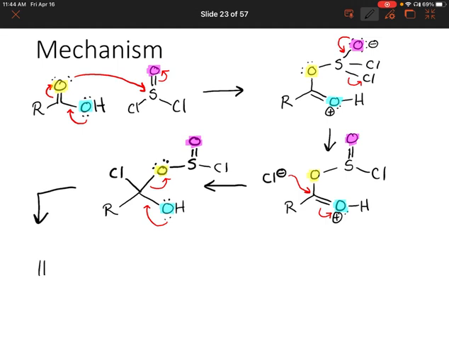And now we have recreated our carbonyl group. Although this time, the oxygen that's in the carbonyl group is our blue oxygen. So I just rotated the molecule a bit.